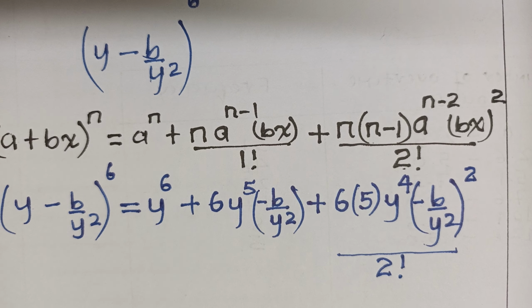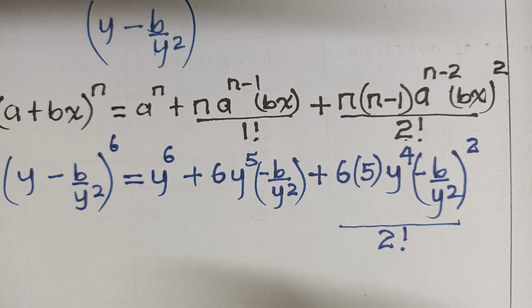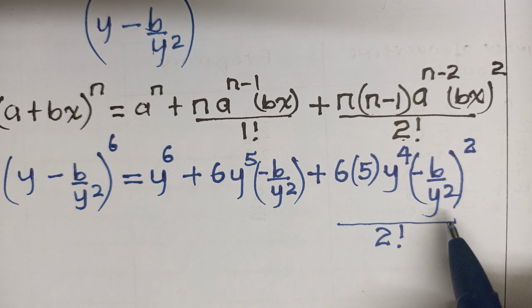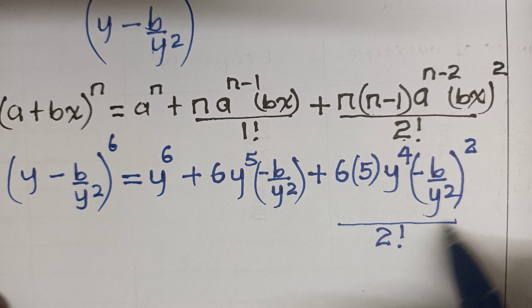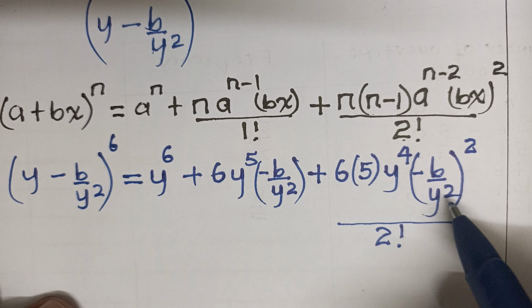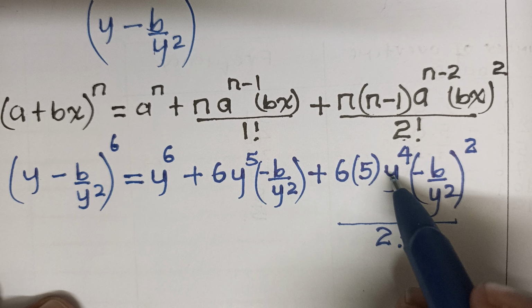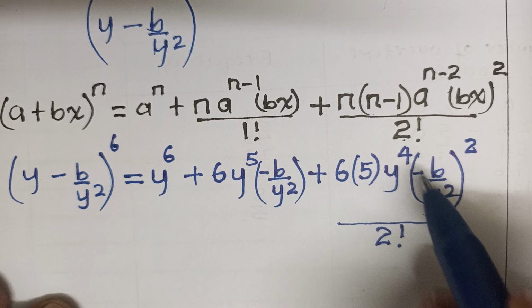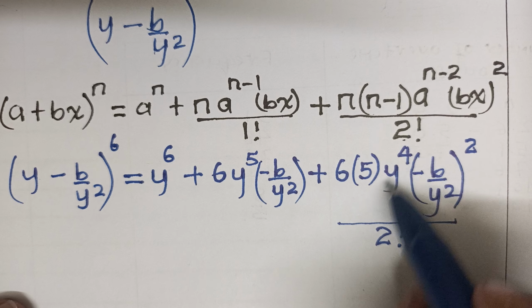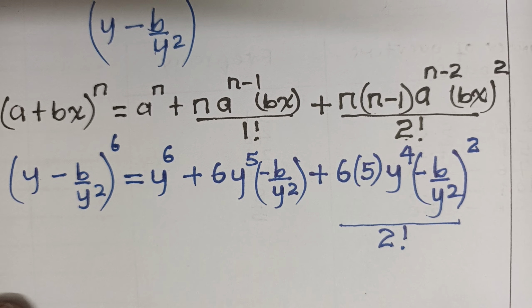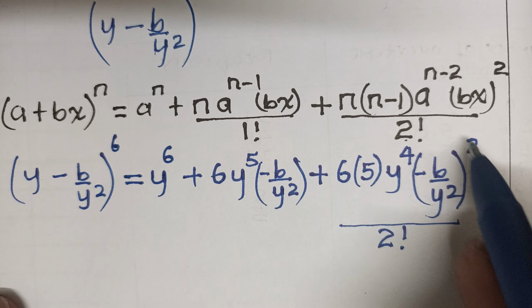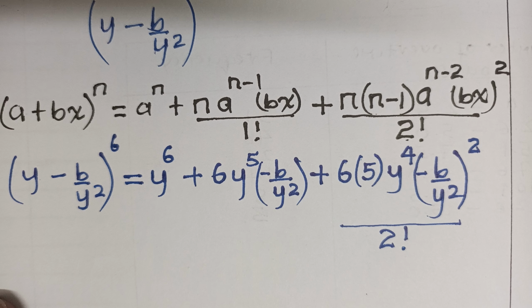This is where we were expanding up to, because we are told the term should be independent of y. If you look at this y squared, then you square it again, you get y to power 4, and up here we have y to power 4. So this y to power 4 can cancel this y to power 4, and so this is the term independent of y.